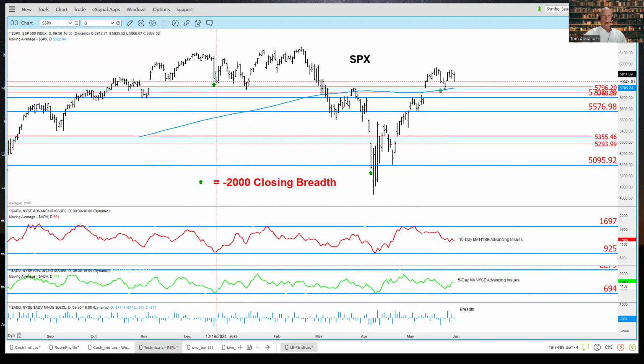Now, when we get in a bear market, we will begin to see clusters of negative 2000 breadth, but apparently we're not there yet. The 10-day moving average and the 5-day moving average are basically reflective of the sideways action of the last couple of weeks. You can see Brett down here has been up and down on a day-to-day basis, which causes the moving averages, which had reached an upper extreme, to go net sideways.